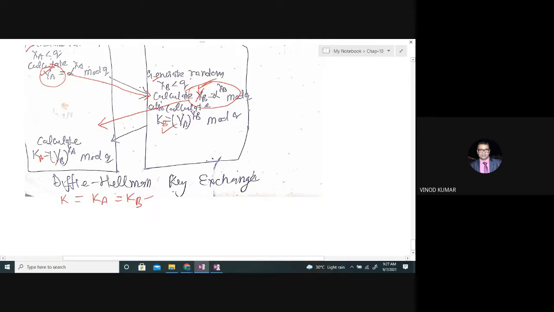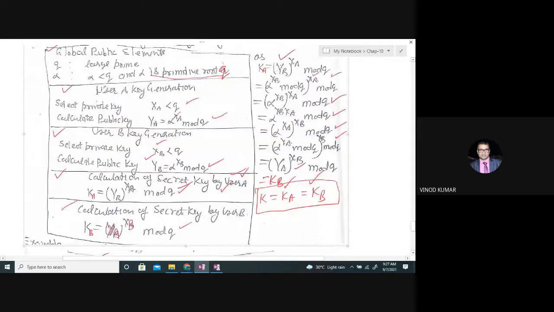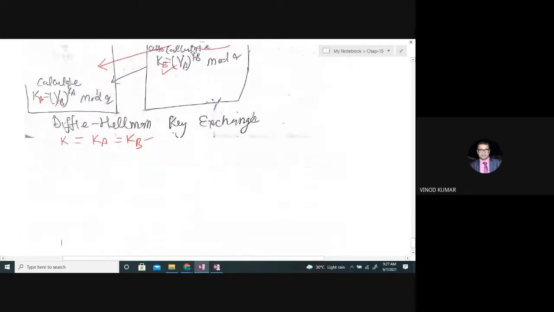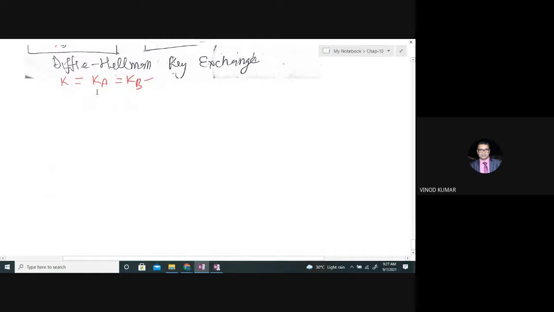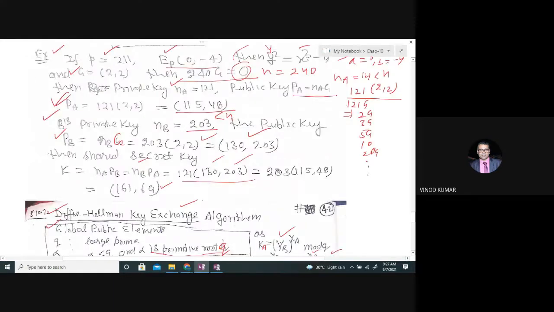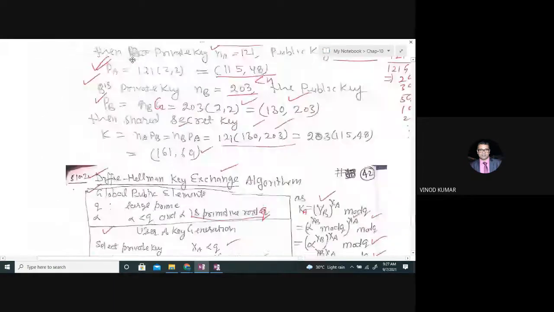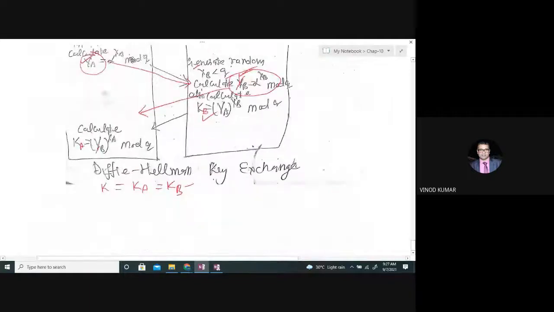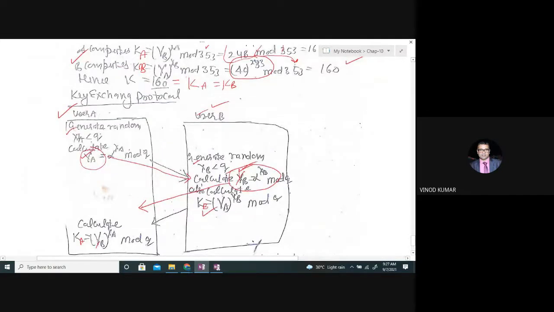How does the exchange work? Simply: user A selects a private key, computes a public key, and sends this public key to user B. User B generates a private key, calculates a public key, and calculates a common key.